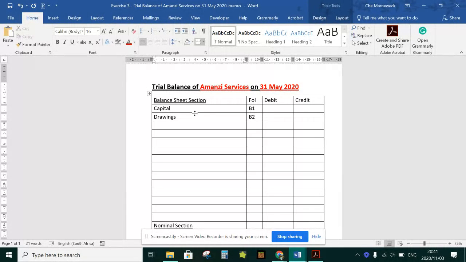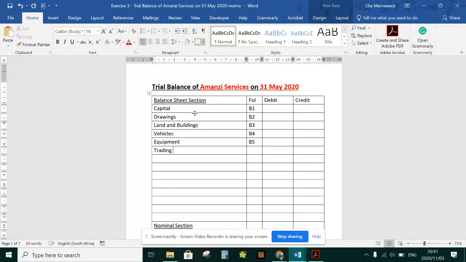Then we have our fixed assets next, so land and buildings we made B3. Then vehicles B4. Then equipment B5. Next on our list, current assets.